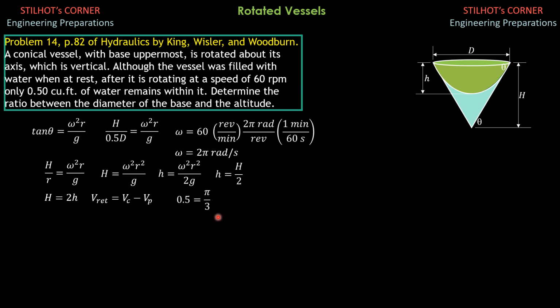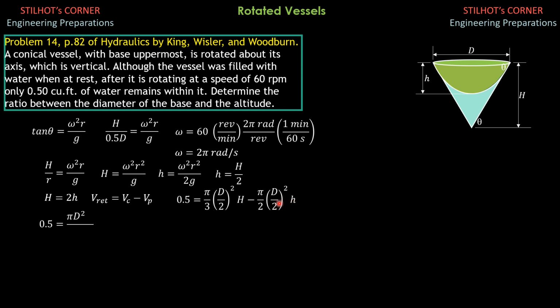So 0.5 equals pi over 3, radius is diameter over 2 squared, altitude is H, minus pi over 2, diameter over 2 squared, altitude small h or H over 2. So pi radius squared altitude of cone over 3 is the volume of cone. The volume of paraboloid is 1/2 the volume of the circumscribing right circular cylinder, so pi over 2 radius squared h.